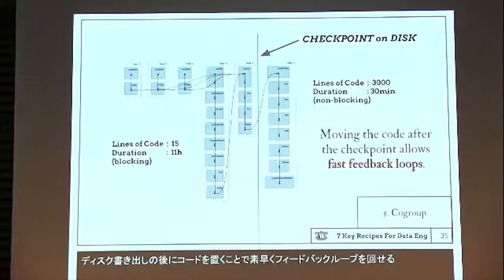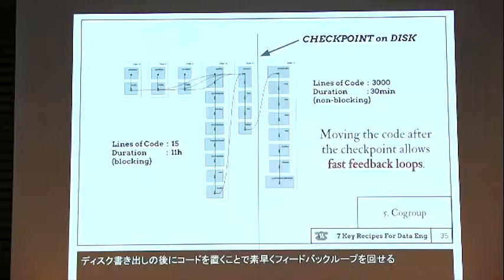But you want to iterate faster on the business logic. So if you checkpoint just after the co-group, you can reread that checkpoint and remove all the shuffle operations from your pipeline. You start with the co-grouped data, and then you iterate over it. It allows for a fast feedback loop, and usually with that, you can develop your pipeline without waiting for any shuffles.